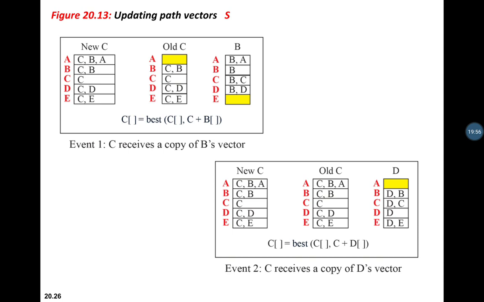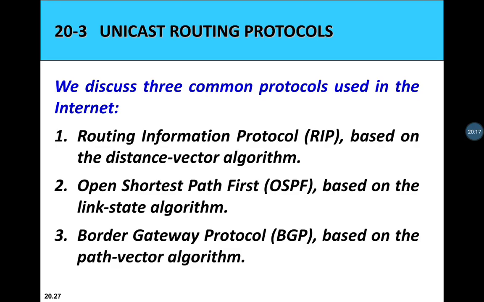Similarly here also with respect to D, but even after considering D, the path is not best, because with the original path only, all the destinations were reached, and also with the minimum number of nodes. That was about the path vector.